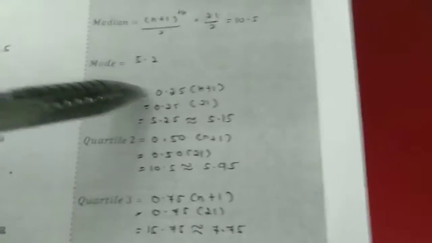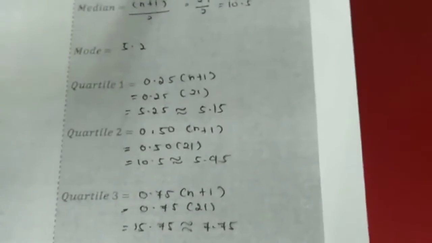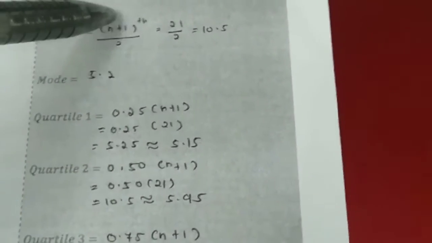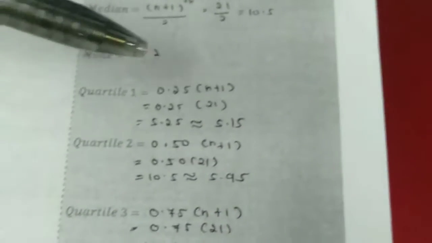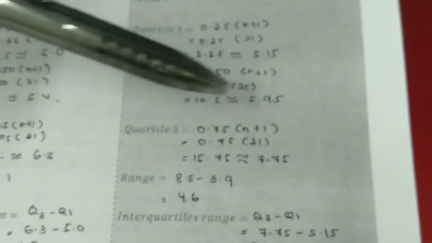Okay, now ungrouped data for amazing pot, that is the treatment group. The mean that I get is 6.0, median 10.5, mode 5.2, quarter 1 5.15, quarter 2 5.95, quarter 3 7.75. The range after subtracting we get 4.6. The interquartile range, quarter 3 minus quarter 1, is 2.6. The variance is 1.497.